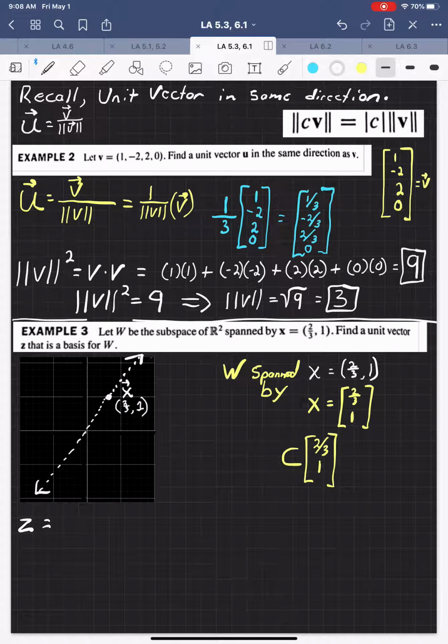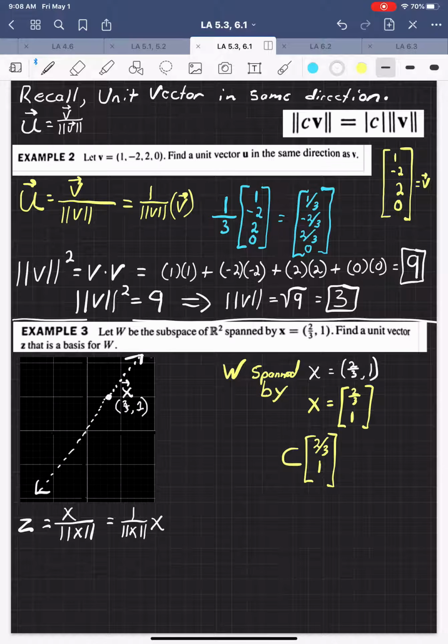So that's going to be, so back to some vector, let's say x divided by the magnitude of x, right? Which I normally write as 1 over the magnitude of x times x.